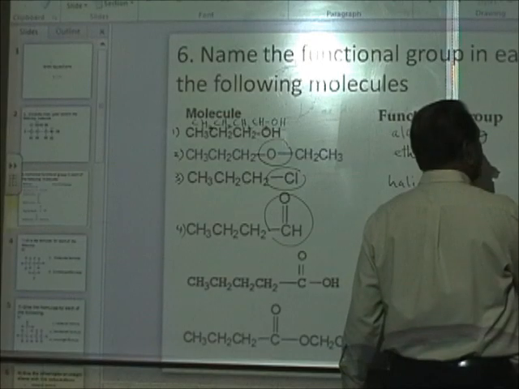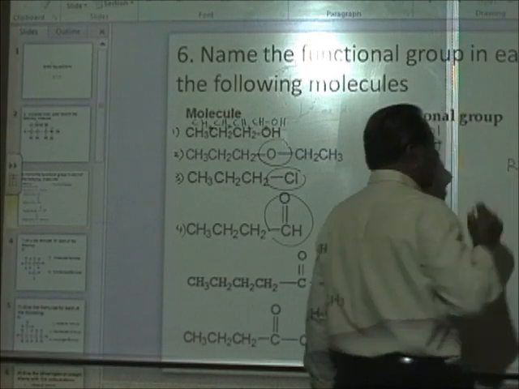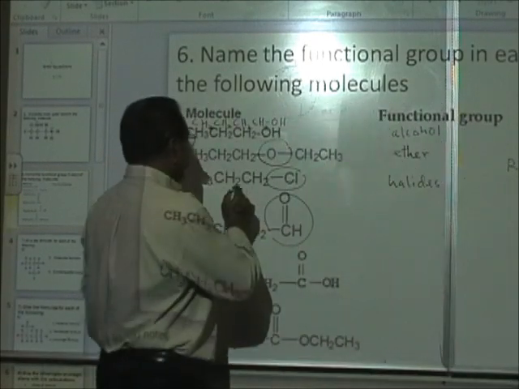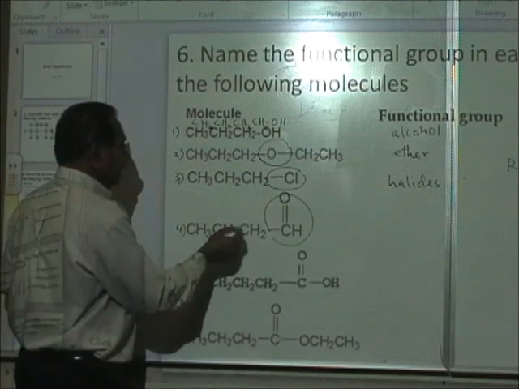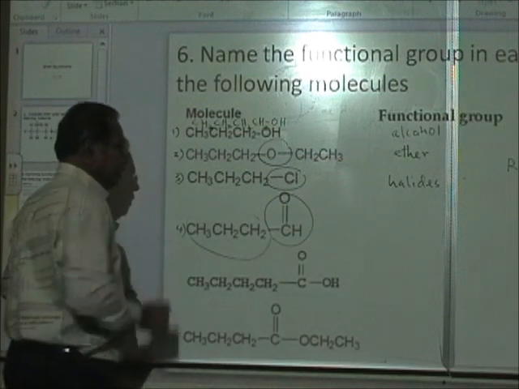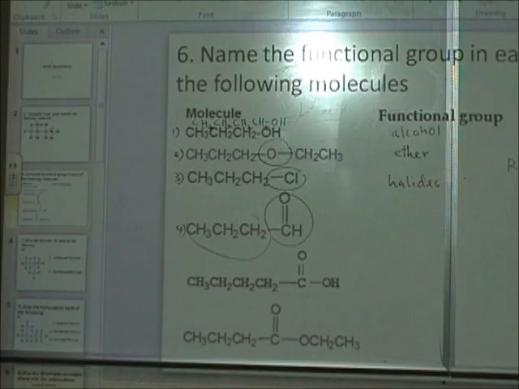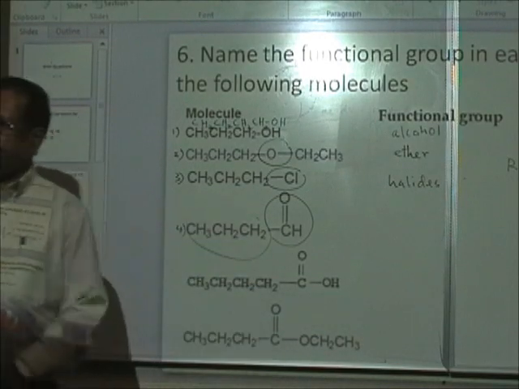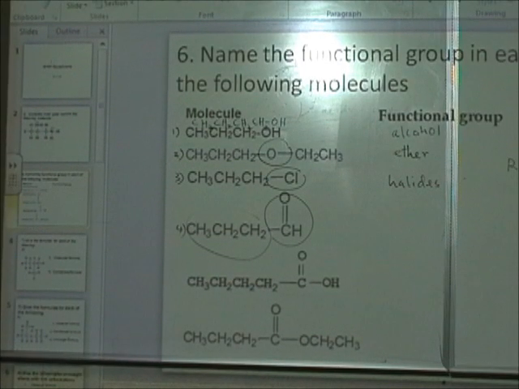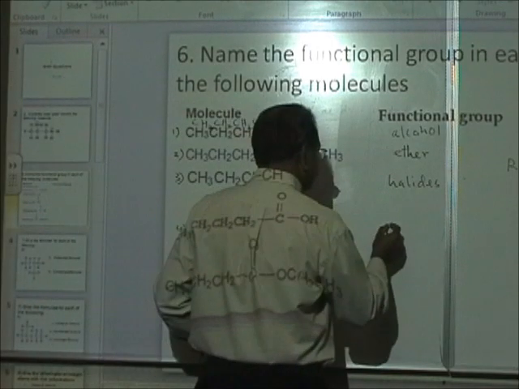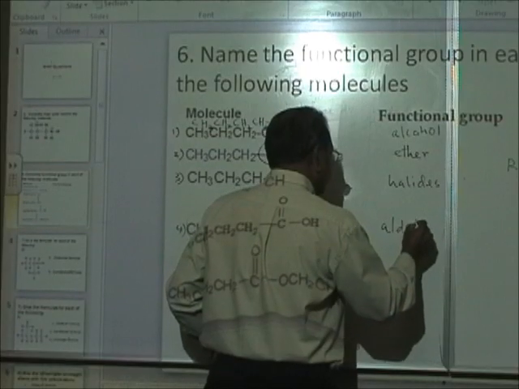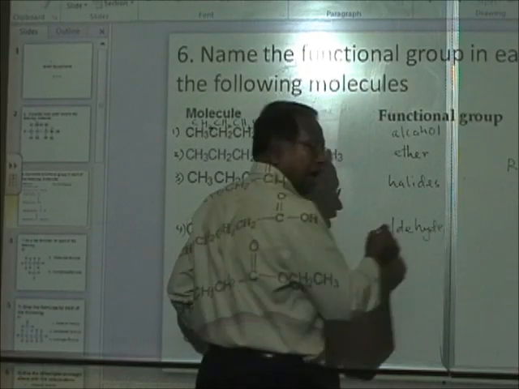The same carbon atom is attached to a hydrogen and the alkyl group, the alkyl group being this part. You see that? We call this CHO, an aldehyde. Did you get it? Aldehyde.